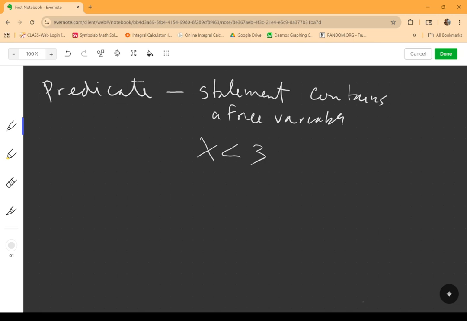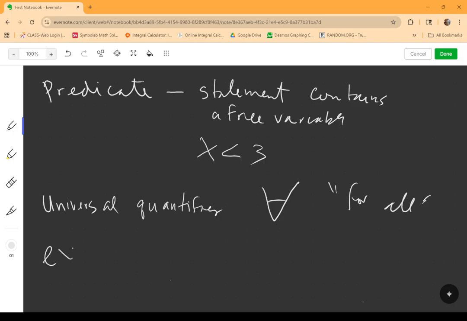So for example, what I mean by a quantifier, there are two of them that we're going to be working with. One of them is called the universal quantifier, written like this, and this is read as for all.